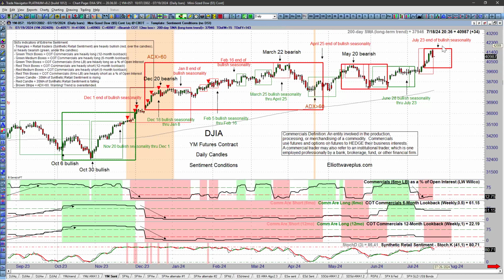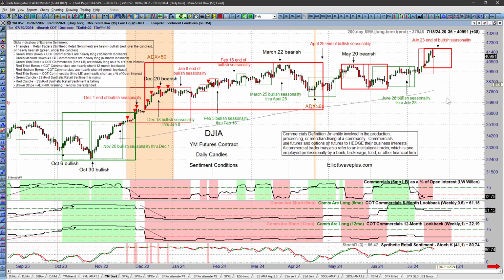Now, all seasonality really means is that 8 times out of 10 over the last 25 years, the Dow Jones Industrial Average closed higher on July 23 than it started on June 28. That's all it really means.